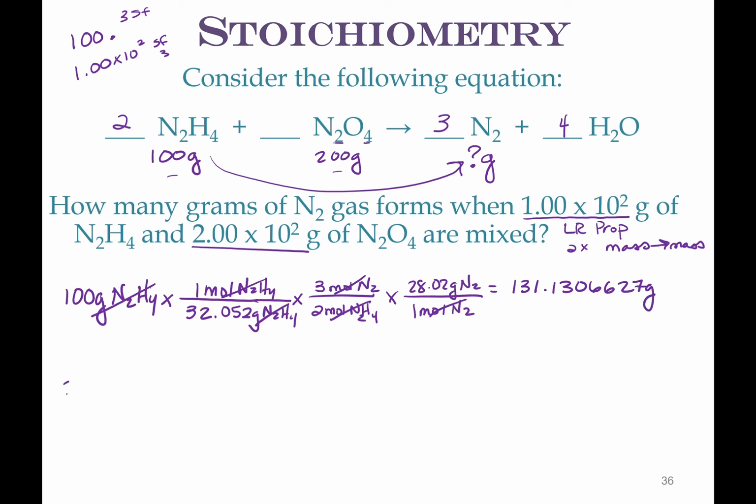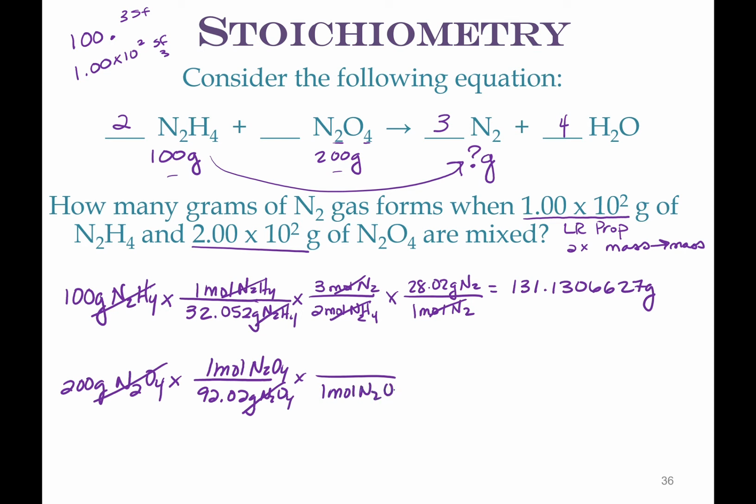Go down to the 200 grams of N2O4, so dinitrogen tetraoxide. And that's going to be heavier, so 92.02 grams of N2O4 for every 1 mole of N2O4. Mole ratio here is I need 1 mole of N2O4 to produce 3 moles of nitrogen.